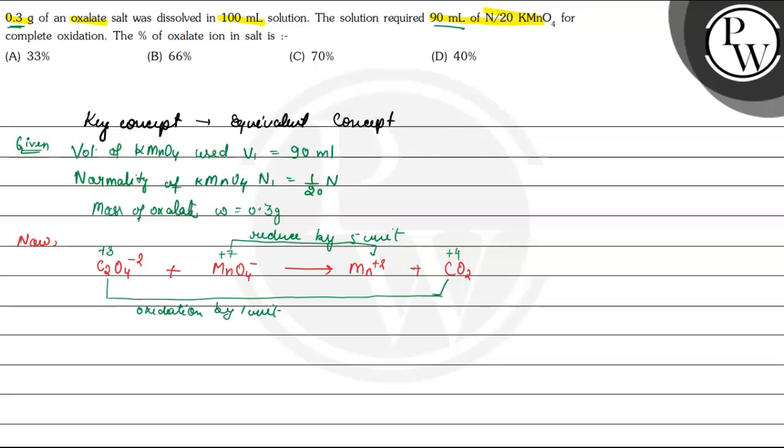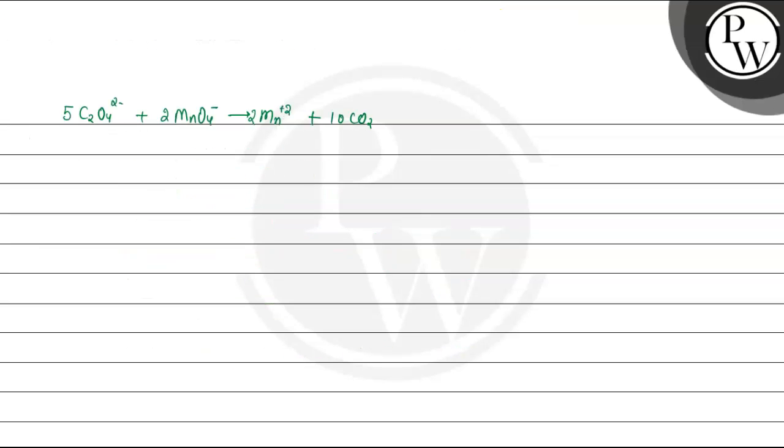So now the equation we have is 5 C2O4 2 minus plus 2 MnO4 minus changes into 2 Mn 2 plus plus 10 CO2. So this is the balanced equation. Now we have to apply the law of equivalence in this equation.